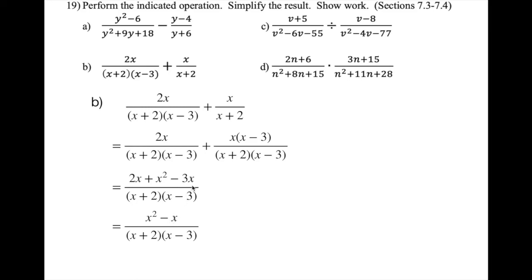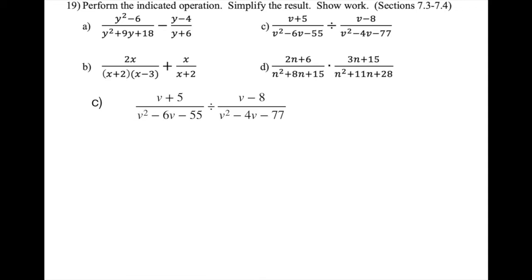And then we want to see whether up and down here there is a common factor or not. In order to see that, we have to factor the numerator. So there's a common factor of x for those two terms. So the numerator will become x times x minus 1. And we can see there is no common factor up and down here. So that will be your final result.